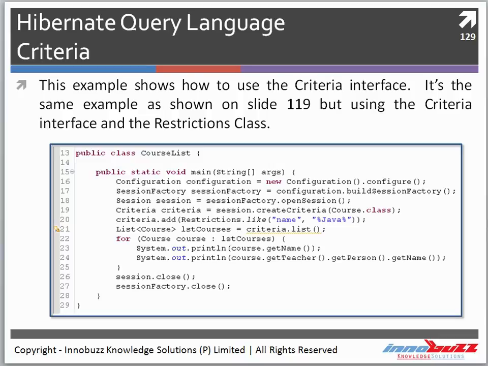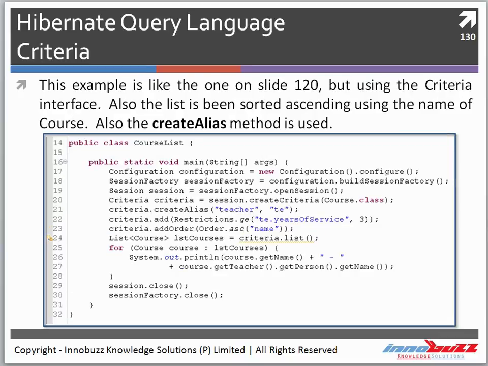In this example, we're using again one of the examples previously shown. In this case, we want to check against the years of service attribute of the teacher attribute on the course entity. This could not be used as it was with the HQL. We must define an alias for the attribute which is an object. As you can see on line 21, the alias is being created.